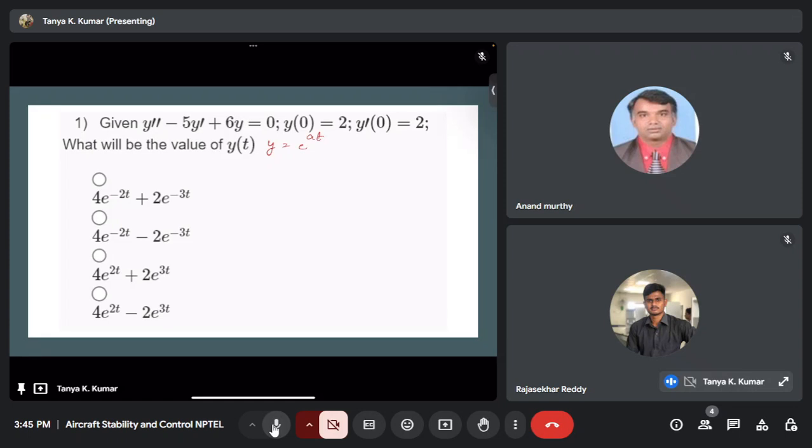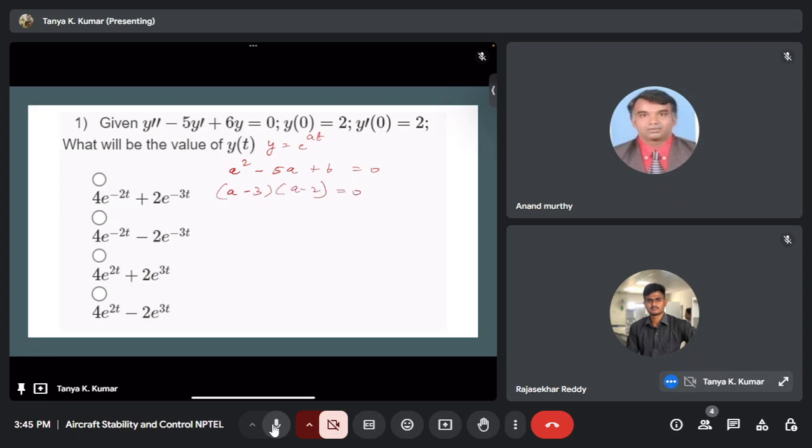So from here we can easily get the characteristic equation, right? So you get a square minus 5a plus 6, so you can easily get a minus 3, a minus 2 equals 0.